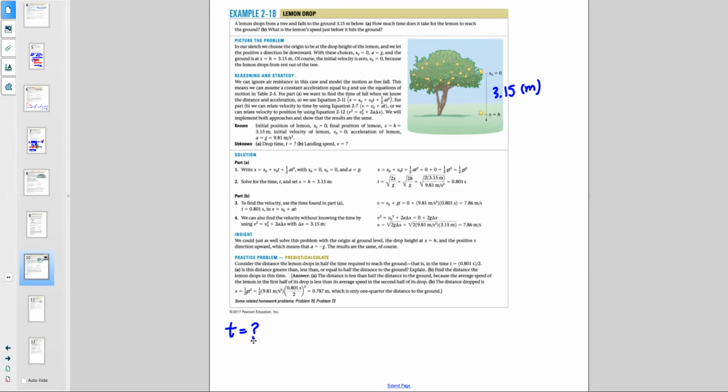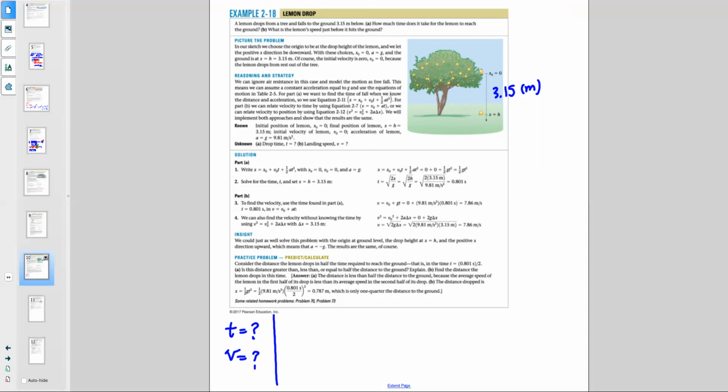Then part B is asking, what is the lemon's speed just before it hits the ground? Just at the moment it's hitting the ground, it has some speed, right? So we're asking for the velocity at the ground as well. So we're looking for these two.